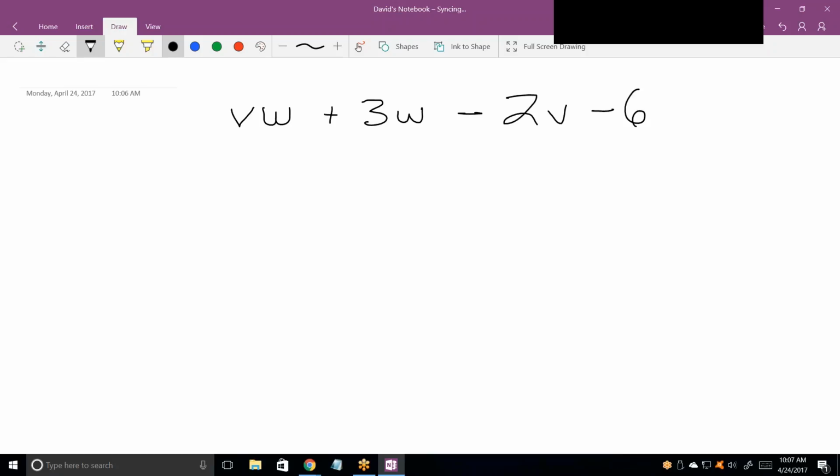First of all, before you can group, the coefficient of that term divided by that term has to be the same ratio as this coefficient divided by that coefficient. And in this case they are. This one is 1/3, this one is 1/3.